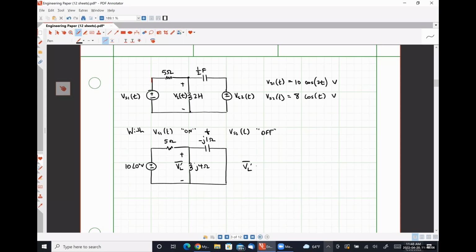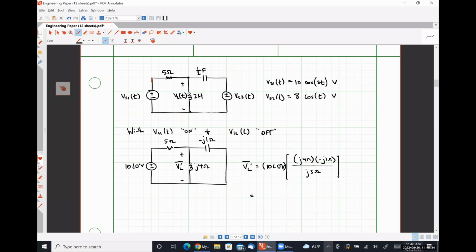So that would mean VL prime in this case would be 10 angle 0 degrees volts multiplied by, so let's see what we're going to have here. J4 ohms times minus J1 ohms over J3 ohms. That's J4 minus J1. So let me throw this in a calculator.